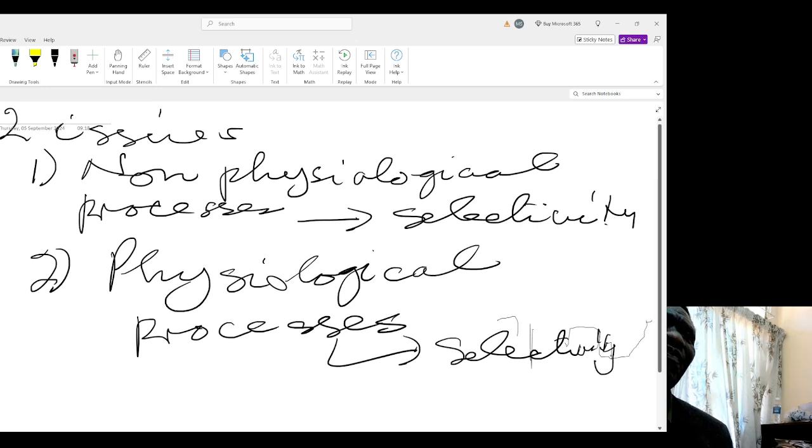Okay. So what we are going to do is to look at the non-physiological processes first. We'll deal with that issue for quite some time. Then later on we'll come and discuss physiological processes.